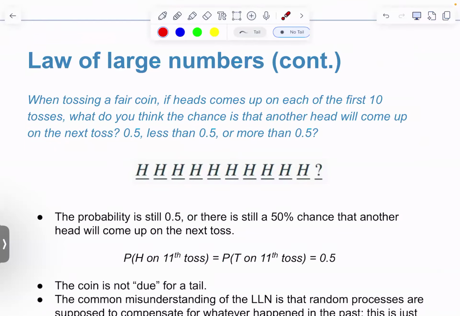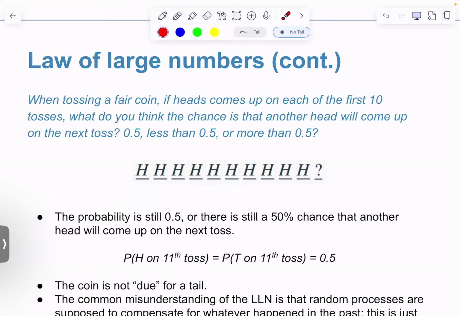Okay. So if you're tossing a fair coin, if heads comes up on each of the first 10 tosses, what do you think the chance or the probability is that another head will come up on the next toss?